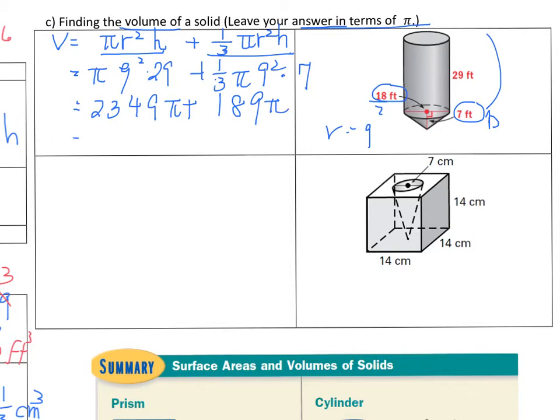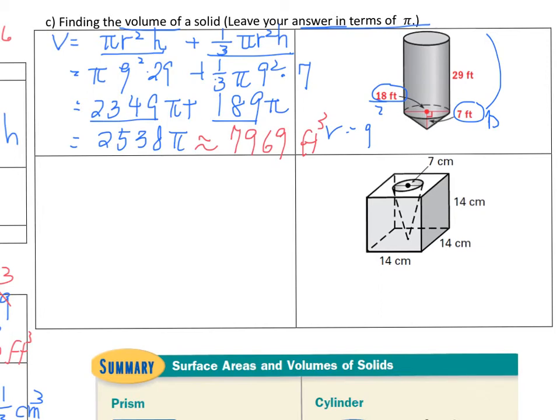Okay, and then you add 2,349 plus 189 to get 2,538 pi. And if you really want to use pi equals 3.14, just multiply that by 3.14. And you can round that to 7,969.9 feet cubed.